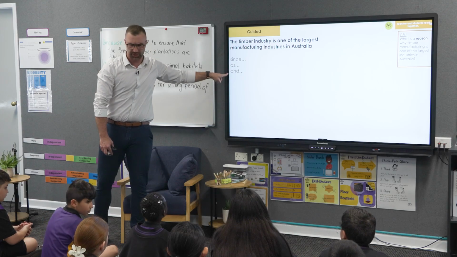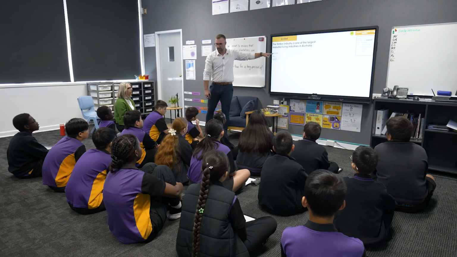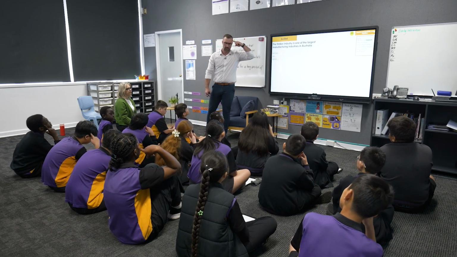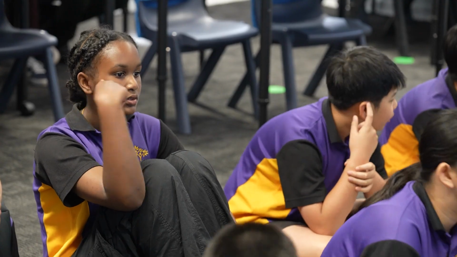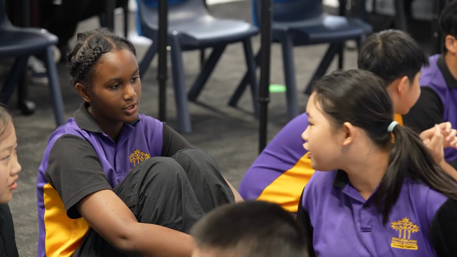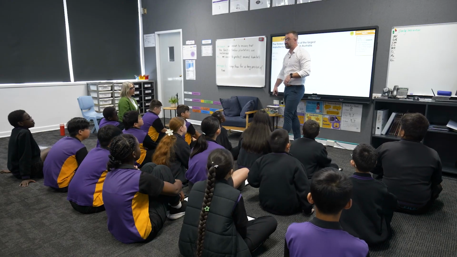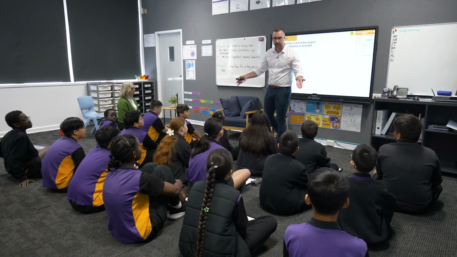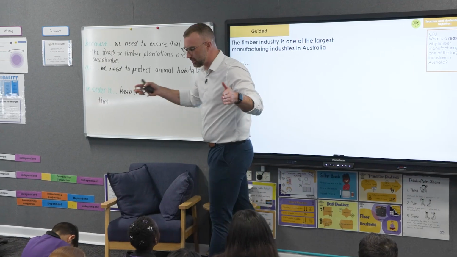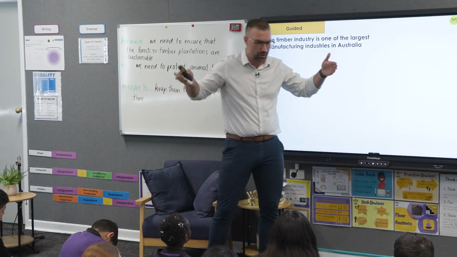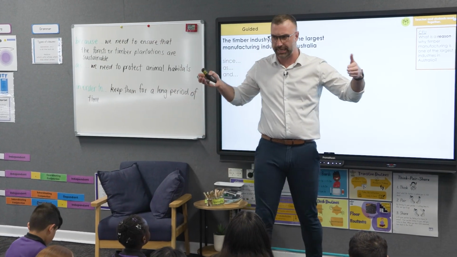What kind of conjunction is and? Have a think. Pair, share, go. Find a way, turning back around. Thank you very much. What kind of conjunction is it? Coordinating conjunction. And what type of sentence type do we use these coordinating conjunctions?